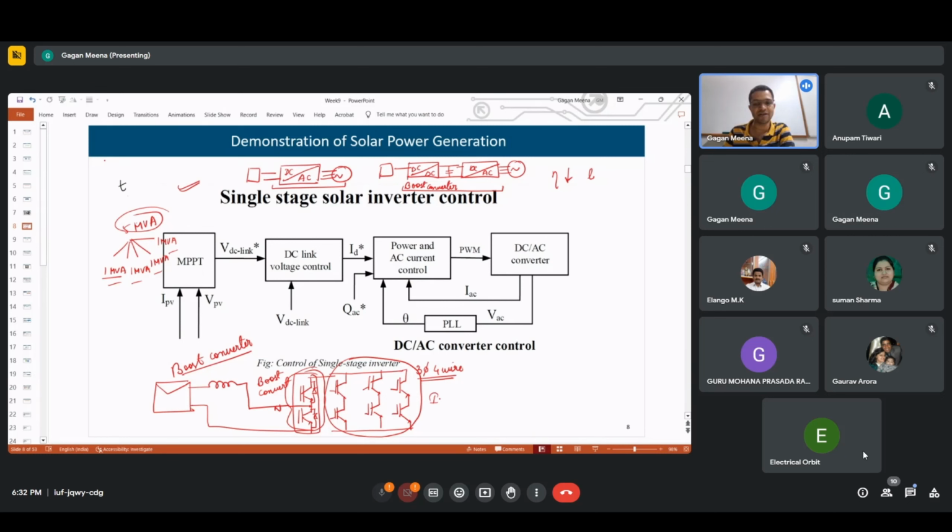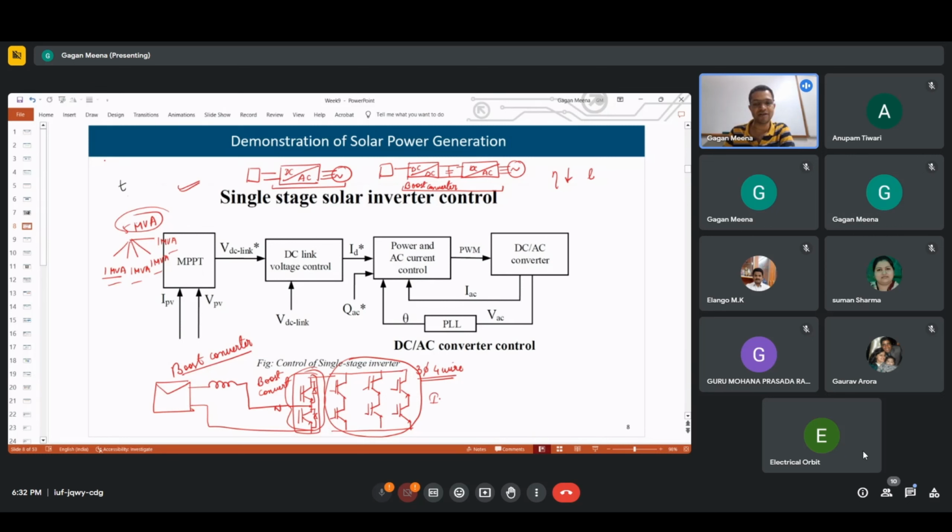Even for 100 volts RMS, you can take 400. There must be a sufficient gap so that we can have sufficient power flow from DC to AC side. If the voltage difference is not there, power will not flow. So that is one important point.